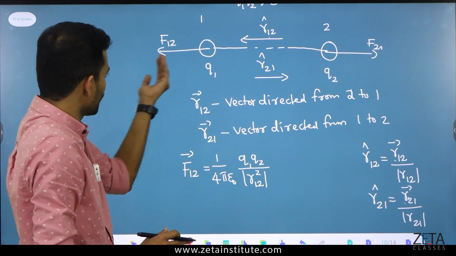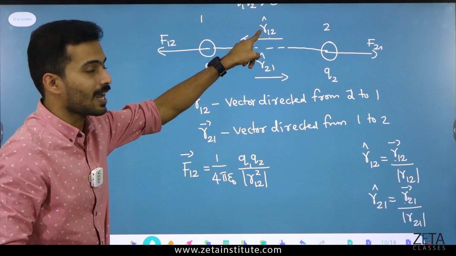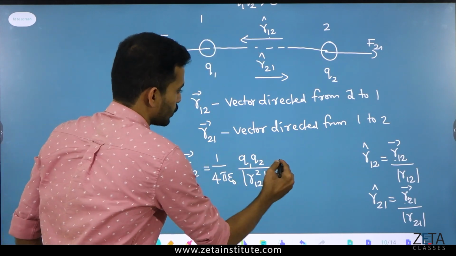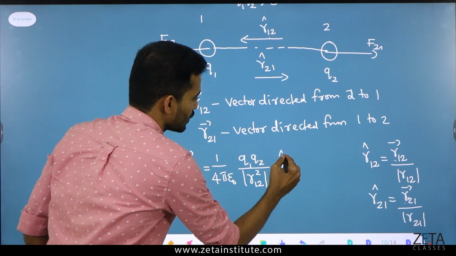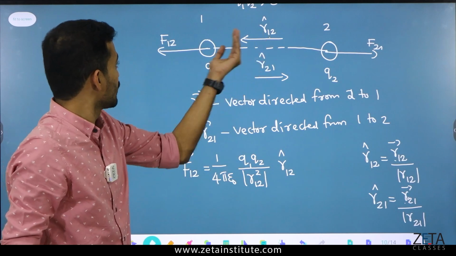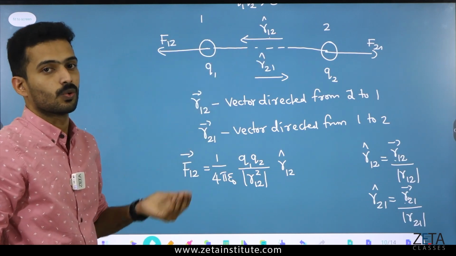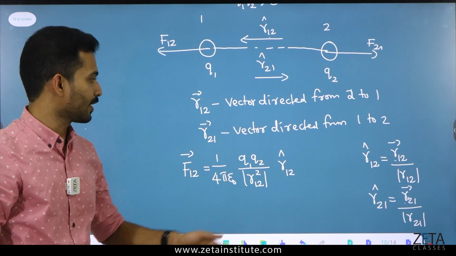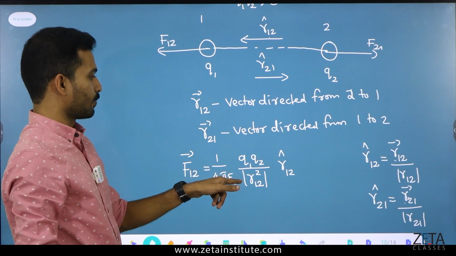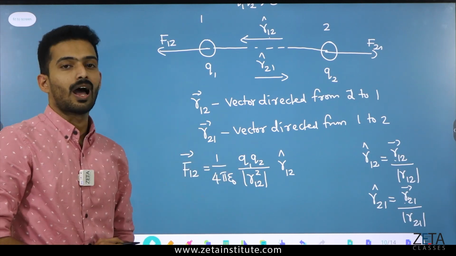The direction of F12 is from 2 to 1. Unit vectors are used to represent the direction. F12 is acting along the unit vector R12 cap, because F12 is from 2 to 1 and R12 is also from 2 to 1. So F12 is equal to 1 by 4 pi epsilon 0 Q1 Q2 by R12 square R12 cap.